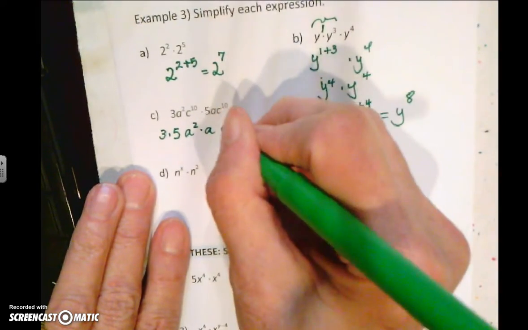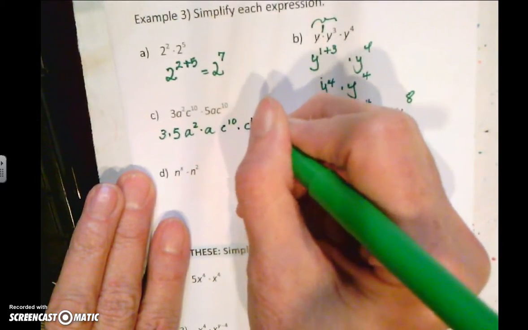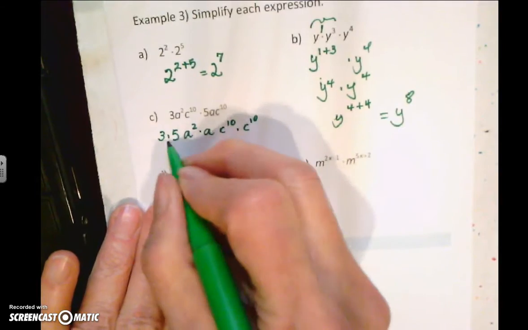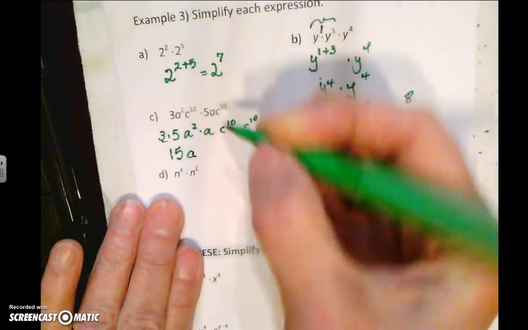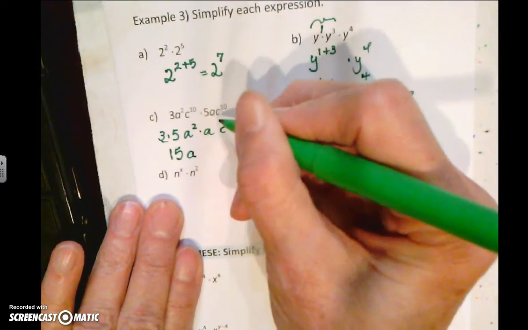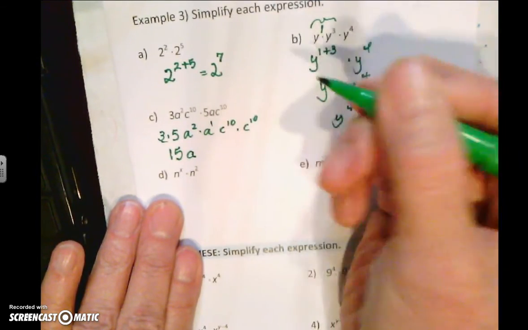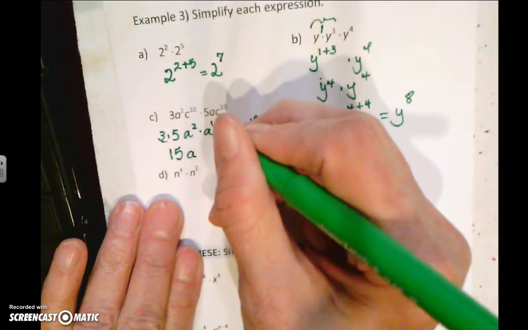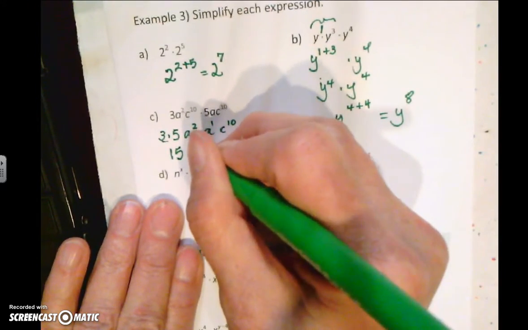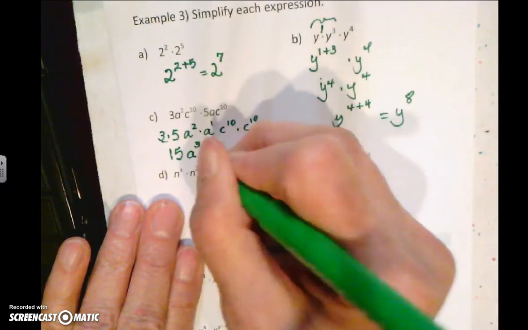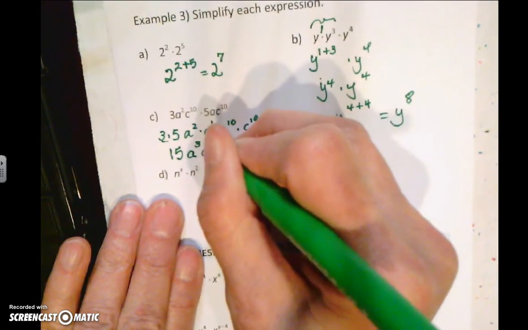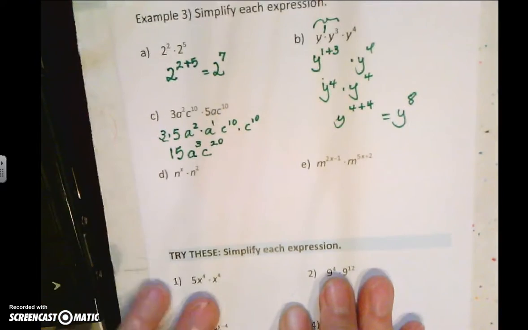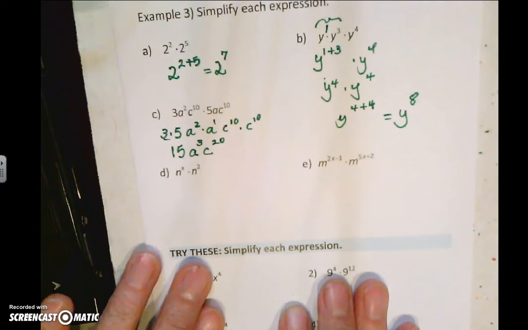And then I have c to the 10th times c to the 10th. So now I'm just going to multiply 3 times 5 and get 15. For my a's, I'm going to add my exponents. I have 2 and an understood 1 there, so 2 plus 1 is 3. And then for my c's, I have 10 plus 10 is 20. And that will simplify to that.